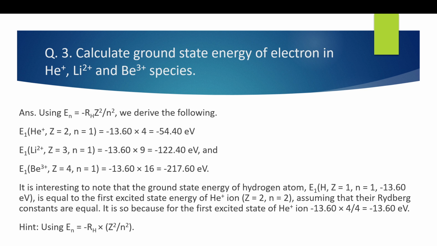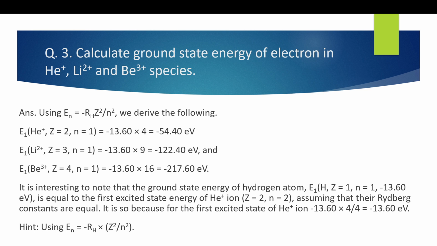Question number 3. Calculate ground state energy of electron in helium plus, lithium double positive, beryllium triple positive species using the formula En equal to minus RH Z square over n square. We have calculated energy E1 for helium plus, lithium double plus, beryllium triple plus.